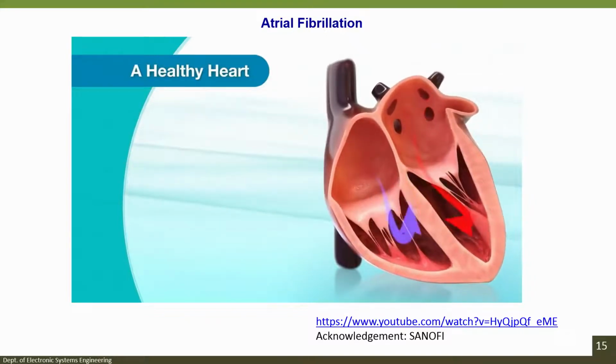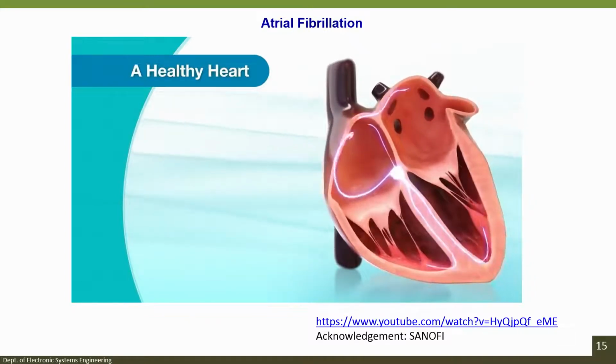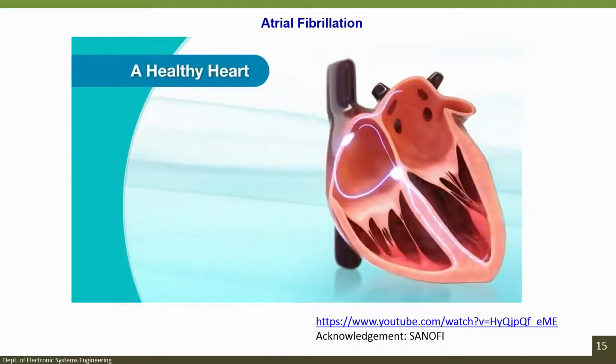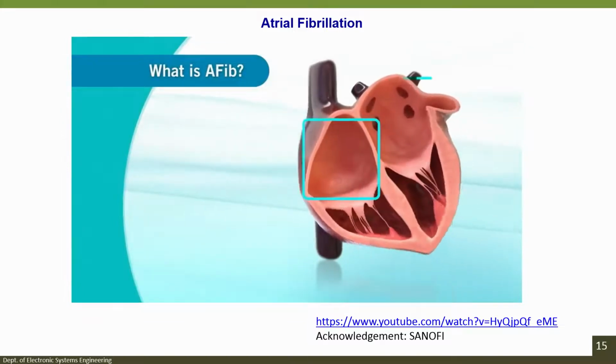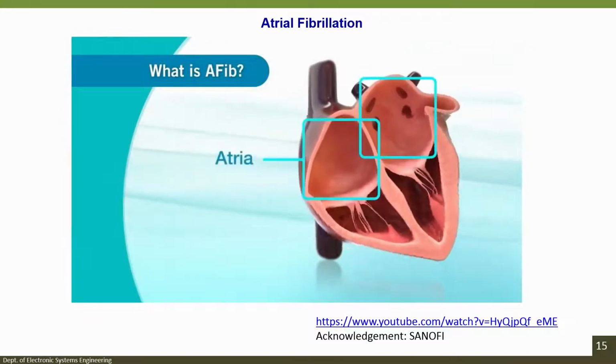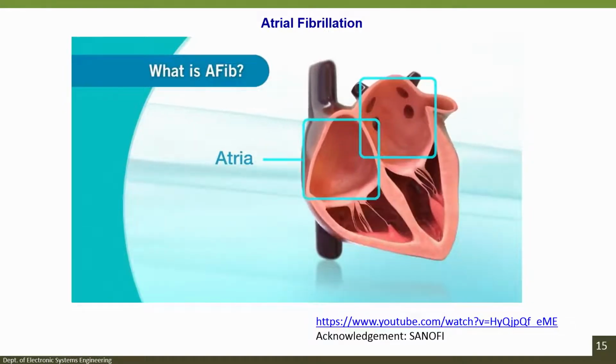In a healthy heart, electrical signals travel through the heart in a regular pattern, as seen here. These electrical impulses originate in a special section of the atrium and travel through the heart in a regular pattern. Each signal ultimately causes the heart to beat. In Afib, the top 2 chambers of the heart, or atria, beat very fast and in an irregular pattern that is out of rhythm.